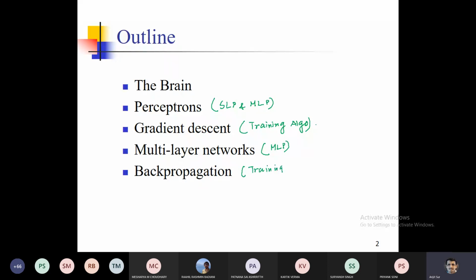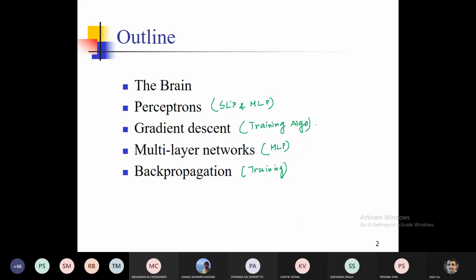So this is more or less the outline of the talk, of the syllabus. I think this is the last topic before the mid semester, so we will cover up to neural net before mid semester.